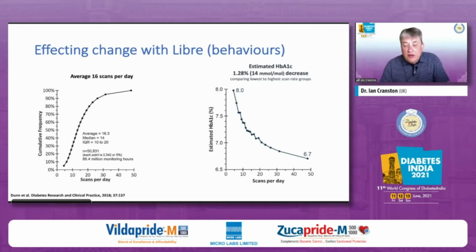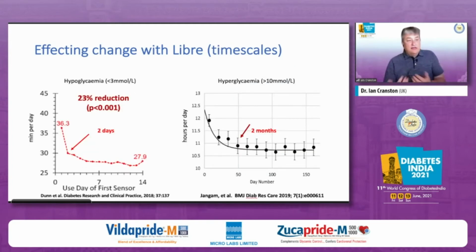But I think it's important for us to recognize this idea of projecting data as well, because we know that whilst these benefits in reducing hypo risk can happen very quickly, the benefits in terms of reducing higher glucose levels happen much more slowly, and often will require healthcare intervention to help advise around that.